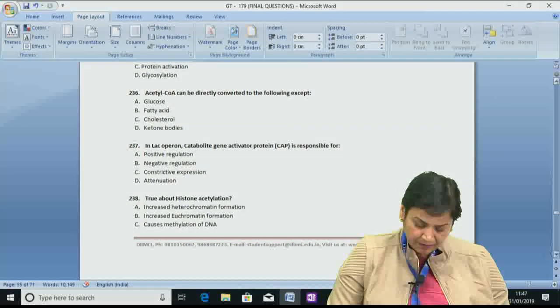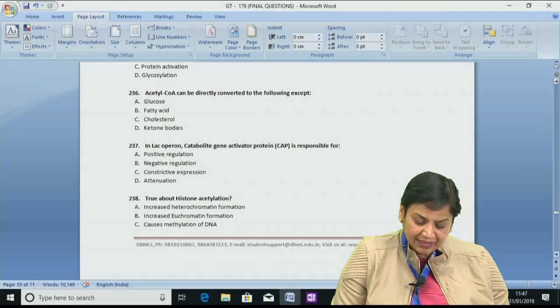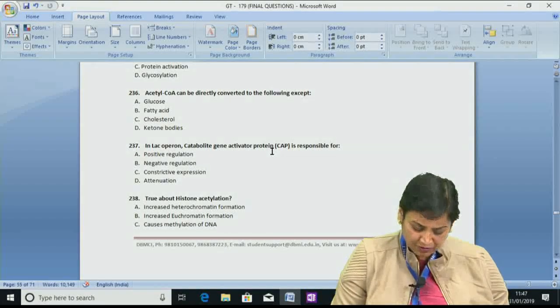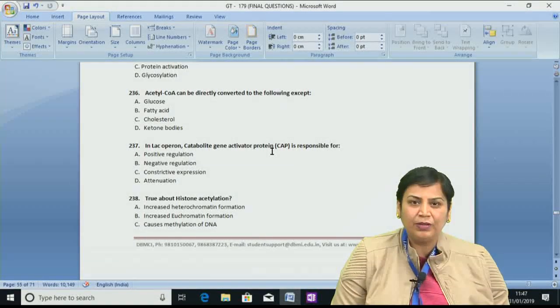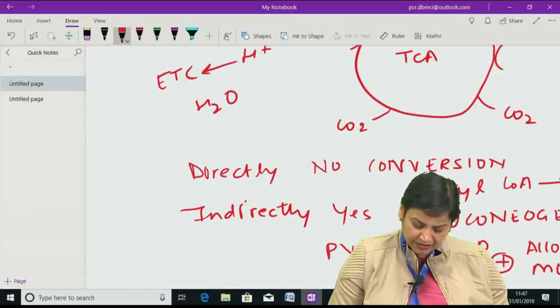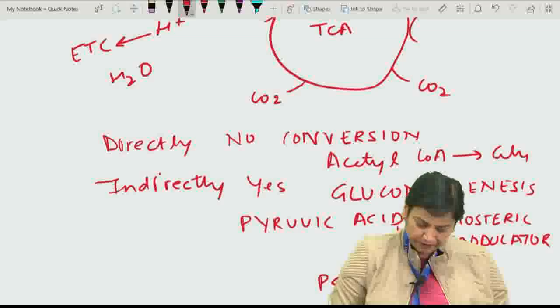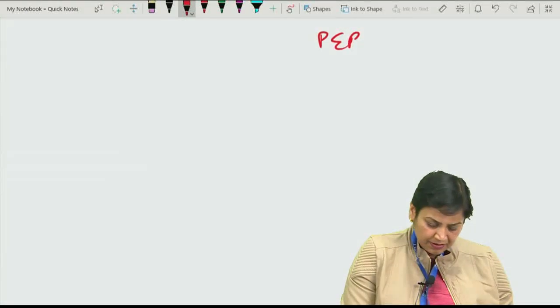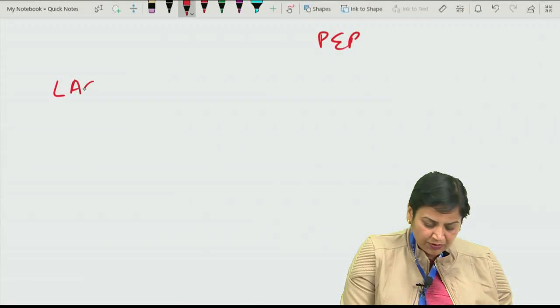Then next, in Lac Operon, catabolite gene activator protein or CAP is responsible for. Now obviously it has to be positive regulation. Now see, first of all we are going to discuss what is this Lac Operon.